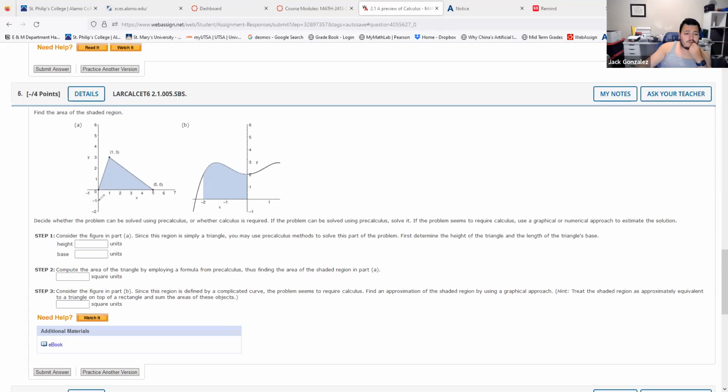This guy can be solved using just basic geometry, right? This cannot be. You can approximate B. Technically, I could draw a square around it. It's going to be close to this, not accurate, but close. But it's not correct. Here, I can just use geometry. It's just a triangle. So this requires calculus to find the exact area.